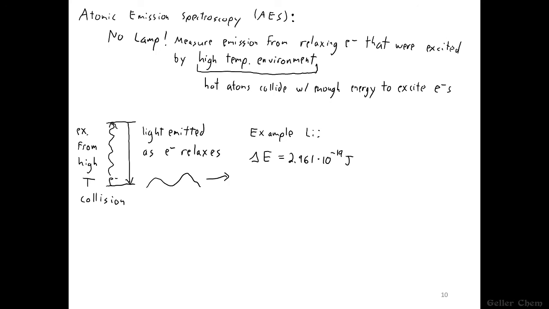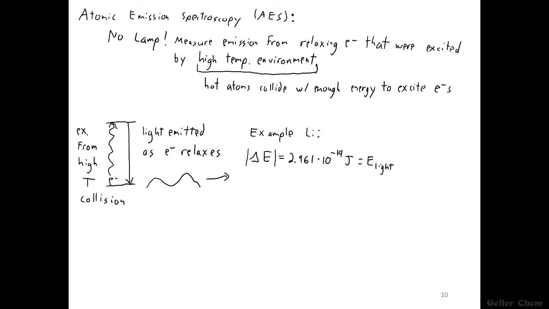And this in turn must be equal to the energy of light that is emitted. And just to be very specific, let's make this delta E term the absolute value of delta E, because technically the change in energy that the electron is experiencing is negative. It's going down in energy. But the energy of the light that's being released is positive.